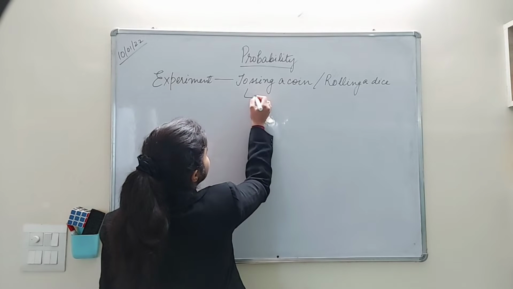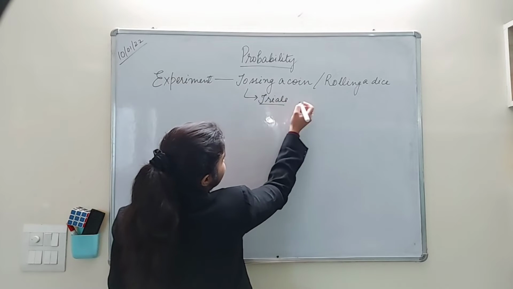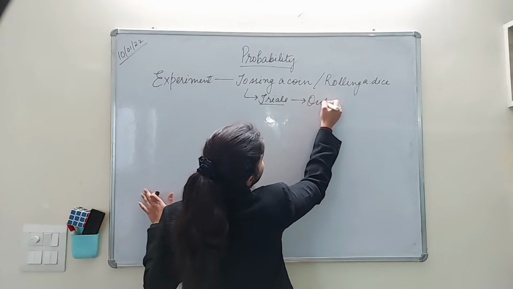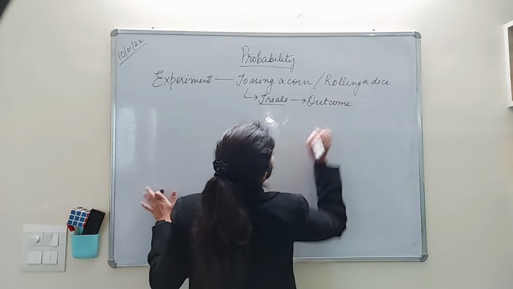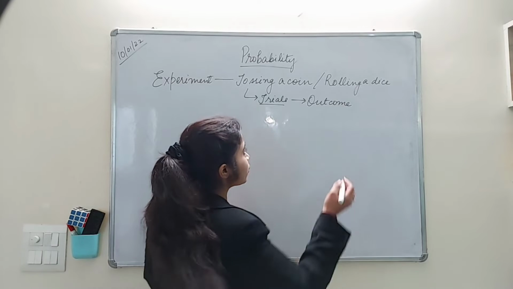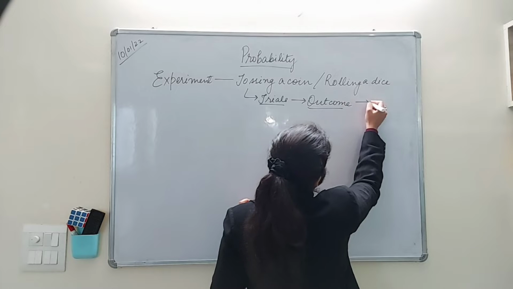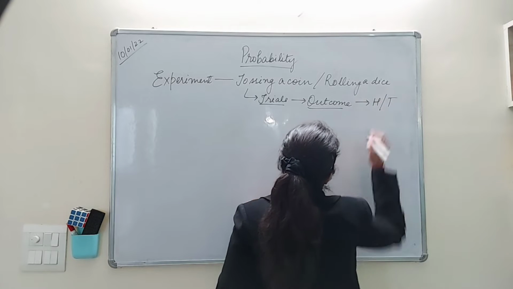So those repetitions are called trials. Now each trial gives us an outcome. If we are tossing a coin, we might get a head, we might get a tail, right? So the possible outcomes in the case of tossing a coin will be a head or a tail.